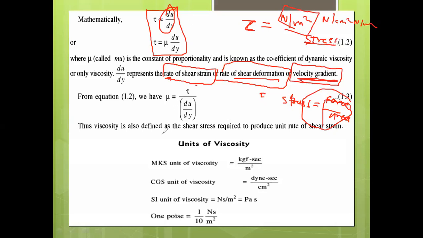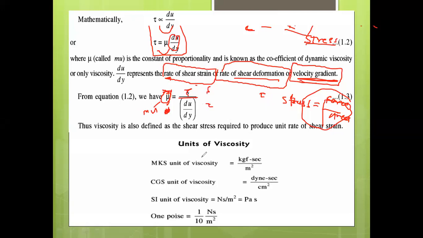Now here, to get the unit of this viscosity term mu, okay, this is mu, and this mu is nothing but the coefficient of viscosity or coefficient of dynamic viscosity or simply viscosity. Okay, to get the unit of this term viscosity, what we do is take this part to the LHS, then you will get tau divided by strain, that is stress divided by strain.